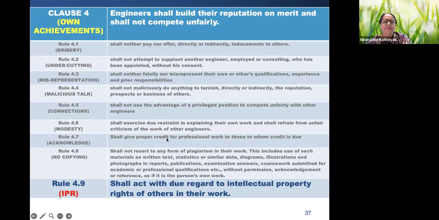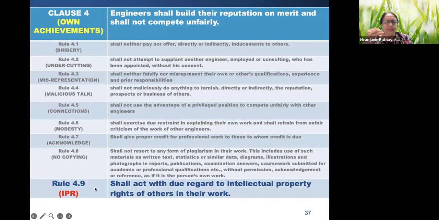Say I get something done by a junior engineer, I should not be claiming credit for that. That sort of thing is 4.7. Acknowledge that so-and-so did it, either as a team or whatever. After getting some work done from a junior or someone else, you should not pretend that it's your work. 4.7 is that.